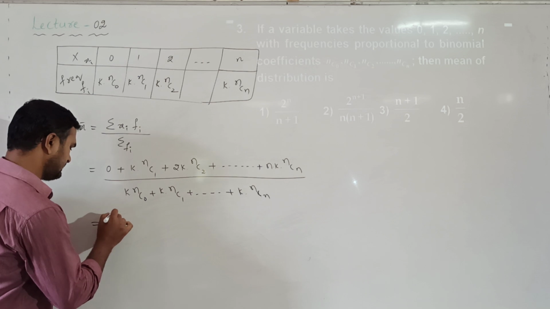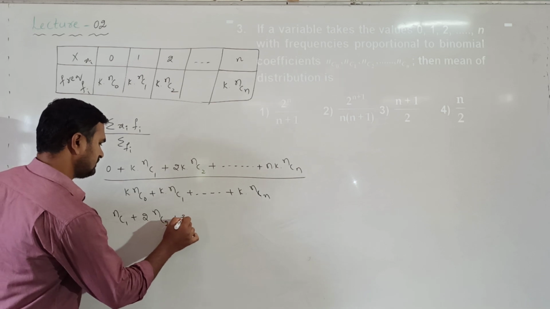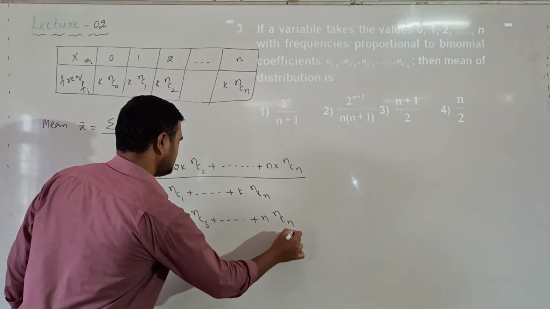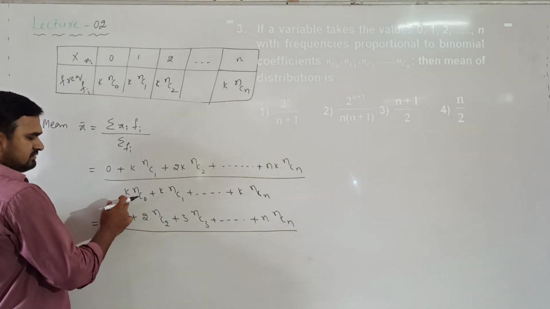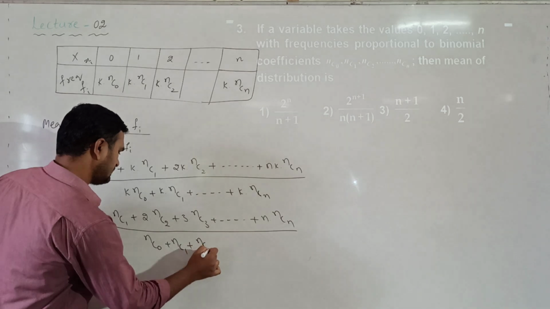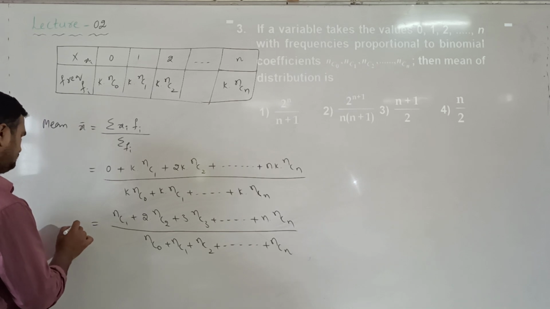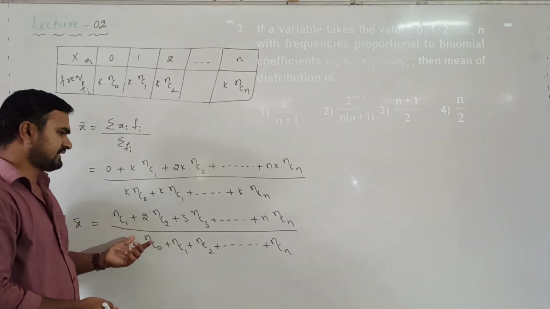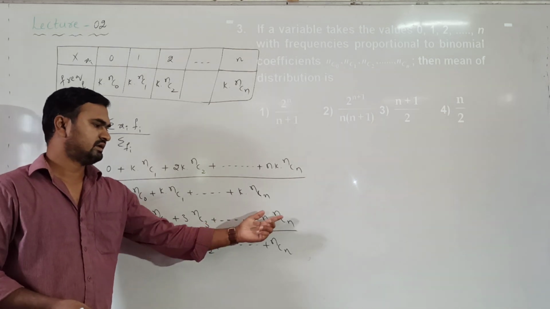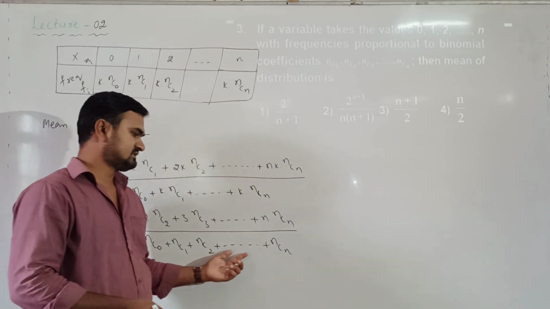So remaining in the numerator is nC1 plus 2 into nC2, 3 into nC3 and so on up to n into nCn, divided by nC0 plus nC1 plus nC2 up to nCn. Now we need to find this value: nC1 plus 2 into nC2, 3 into nC3 up to n into nCn. If you observe the denominator, nC0 plus nC1 plus nC2 up to nCn.